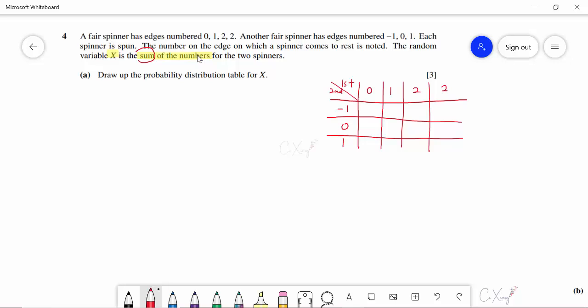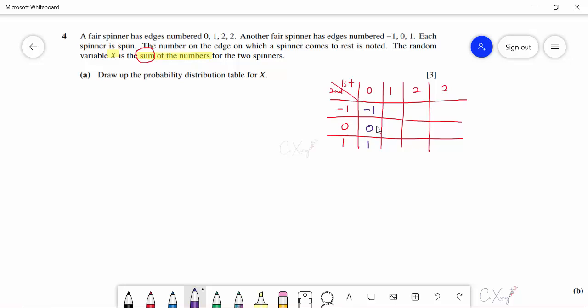They are talking about the sum of the numbers for the two spinners, which means for this one, it should be 0 plus -1, and therefore you should get -1. Same thing for the next one, 0 plus 0, you get a 0. 0 plus 1, you get a 1. So you just total up the score from the two spinners.